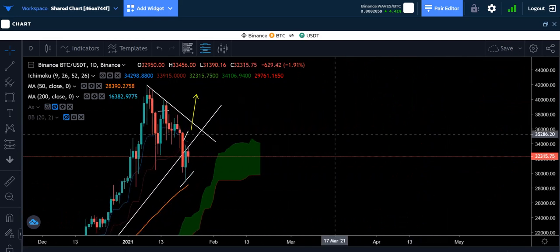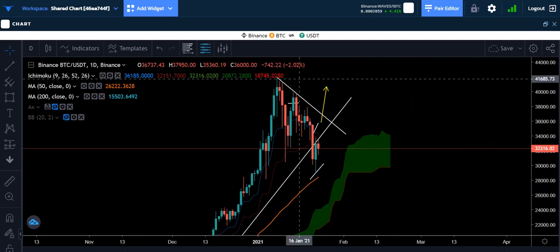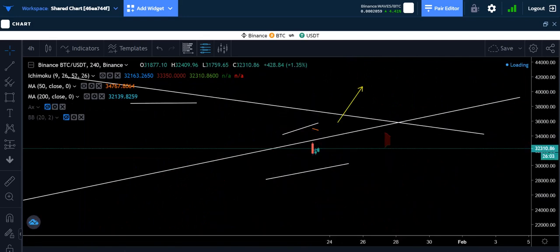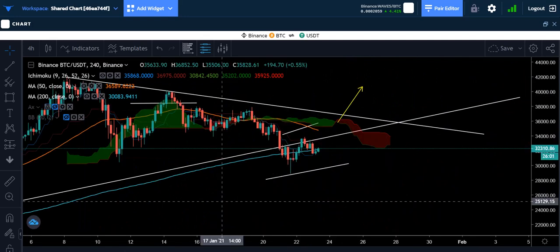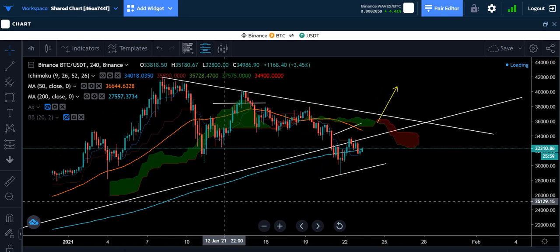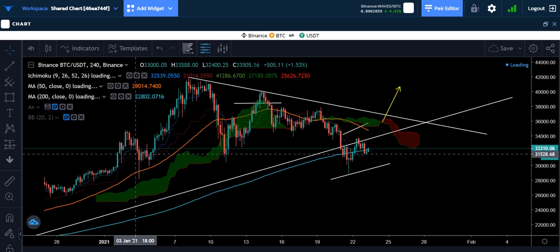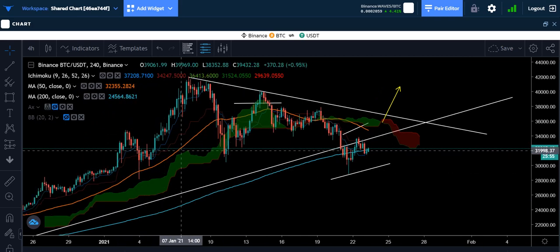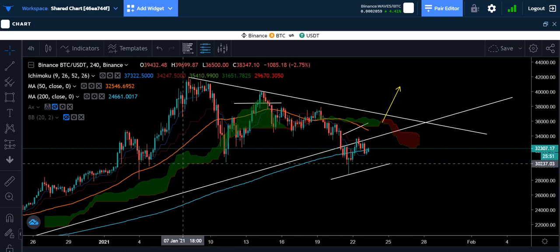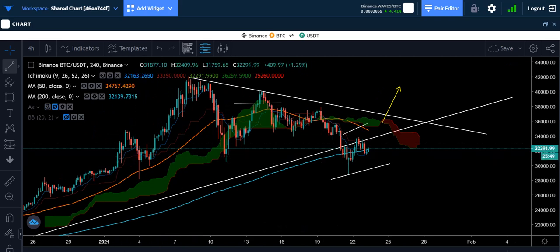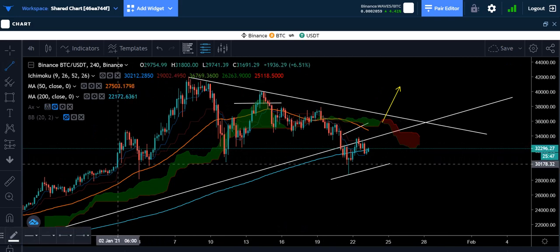So I just wanted to go over one more thing, and that is, let's go back to the 4 hour. Is this pattern right here? A lot of people were telling me, this is a $30,000 right triangle, and I even mentioned that in one of my analyses the other day.